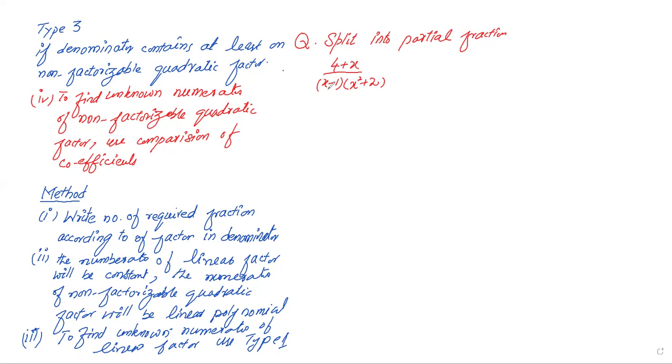So first of all, we have to make the fractions. How many fractions will we get to solve this one? That is equal to b. I will start with the black marker.